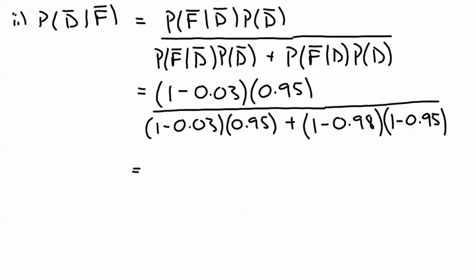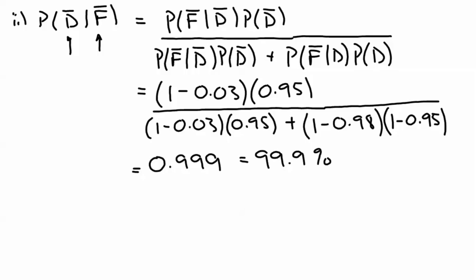Do this math, and I get 0.999 or 99.9%. That looks pretty good. The probability that it's not defective, given that it passes the test, is 99.9%. The probability that it is a non-defective part, if it passes the test, is 99.9%.